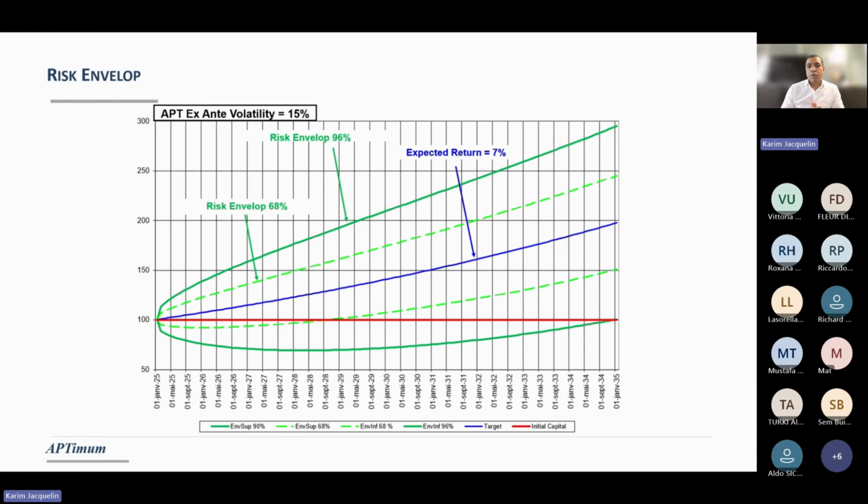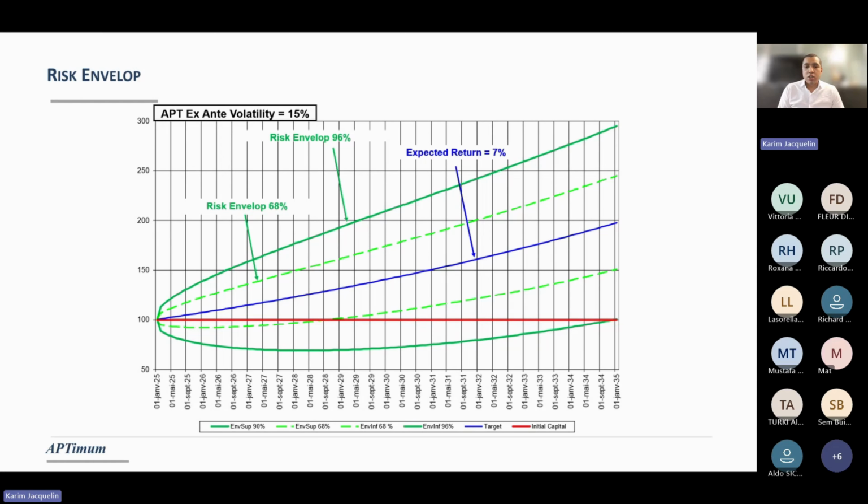So you can see that you have a first risk envelope in dash green. And this zone represents the uncertainty of the value of your portfolio with a probability of 68% under certain assumptions. For the moment, we will just assume that returns are normally distributed.